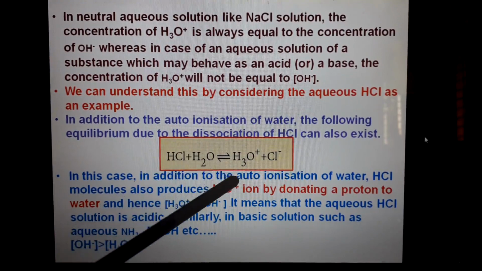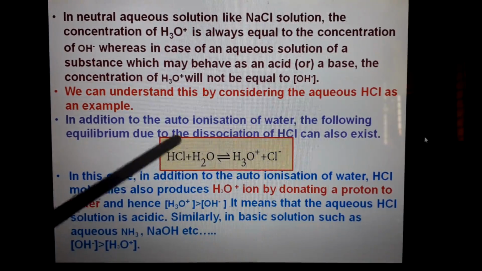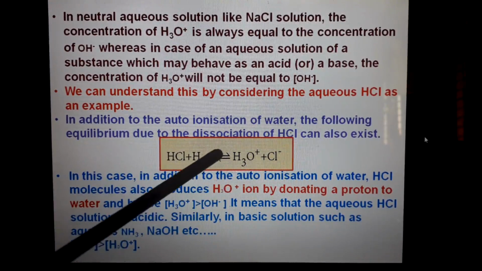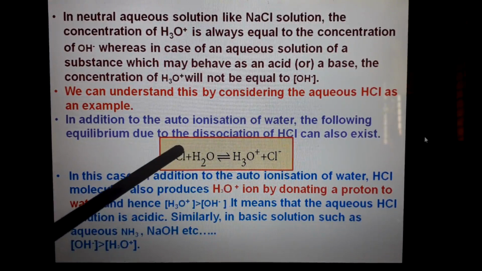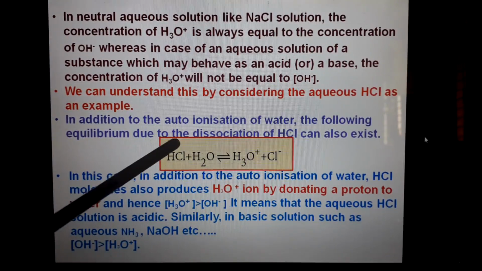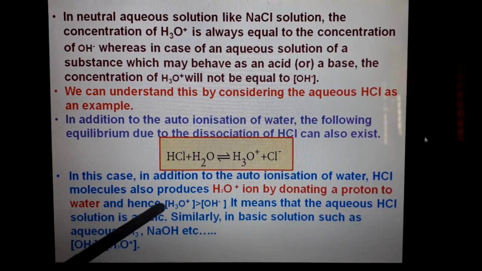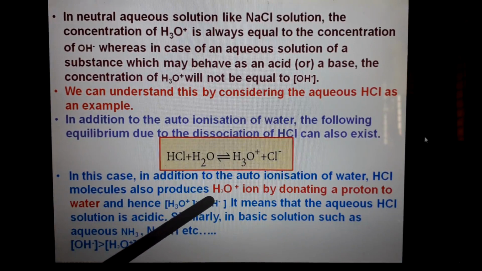HCl produces H3O plus ion by donating a proton. You already know that HCl splits into H plus ion and Cl minus ion. The H plus ion combines with H2O. This is the meaning of this. So H3O plus is greater than OH minus ion.